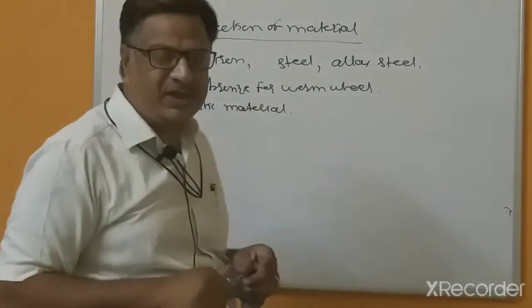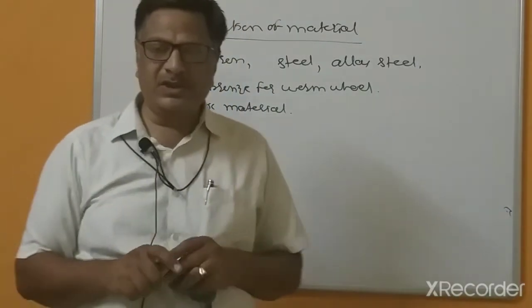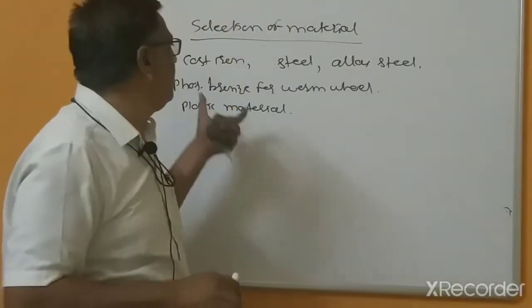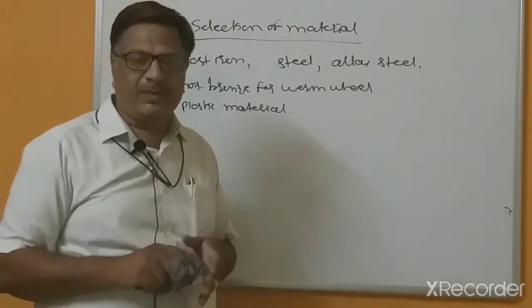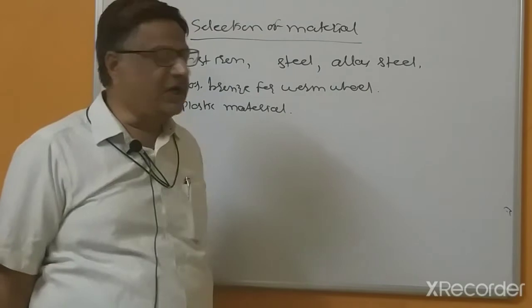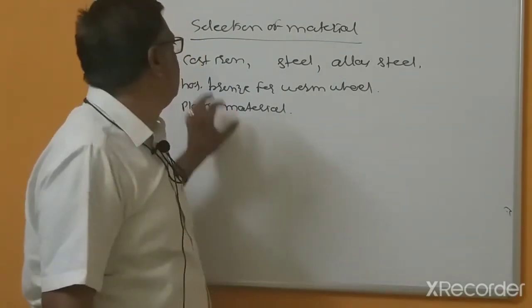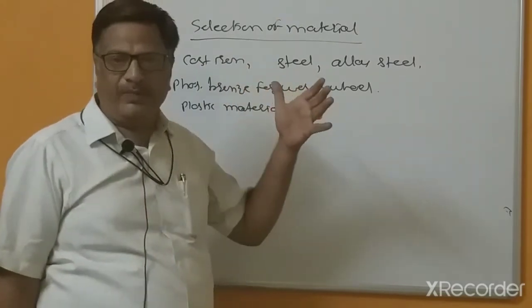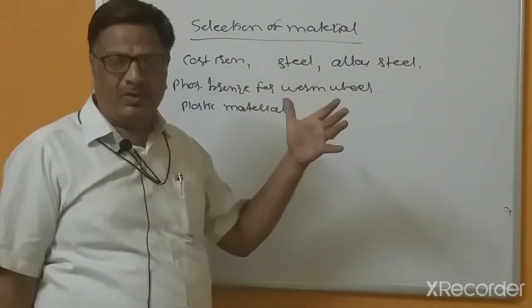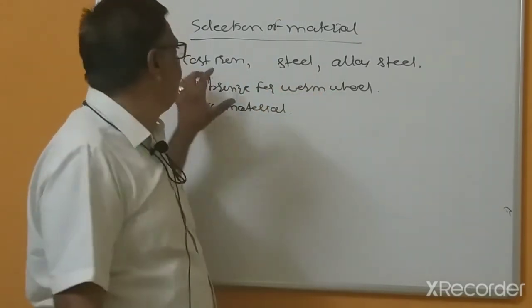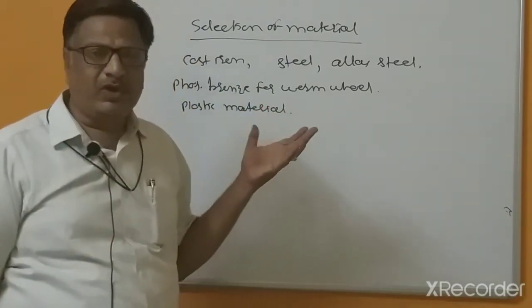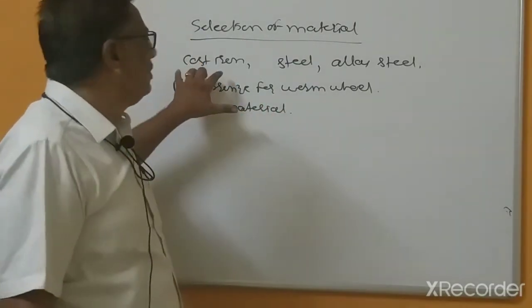So for spur gears you can use cast iron materials. This is the more popular. For ordinary gears you can use cast irons, but the surface of the teeth should be hardened. So that may be case hardened or oil hardened. So the materials may be FG 200, FG 250, 300 etc. So grey cast irons you can use for the manufacturing of the gears.